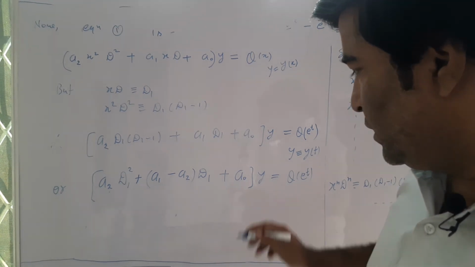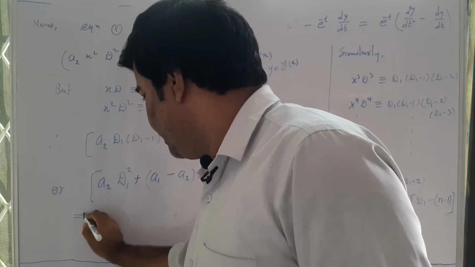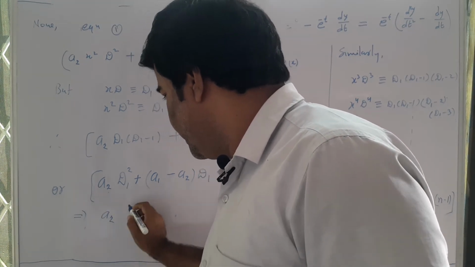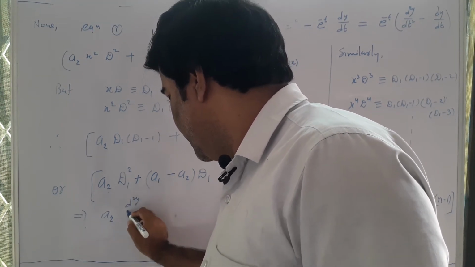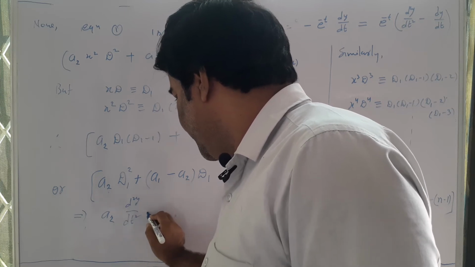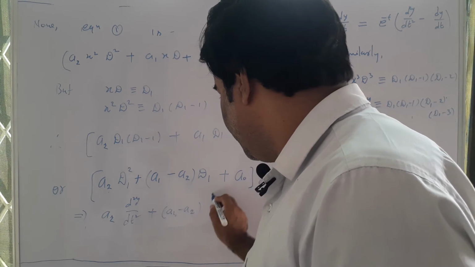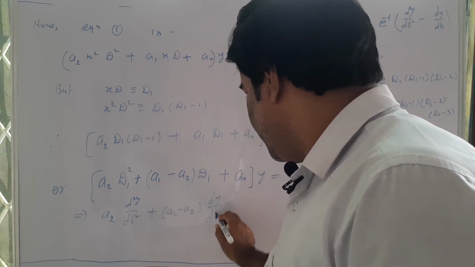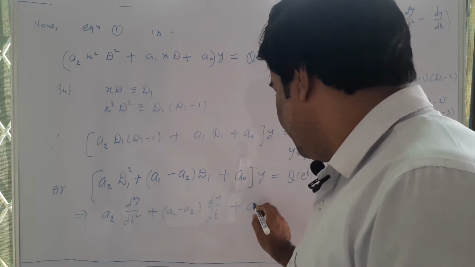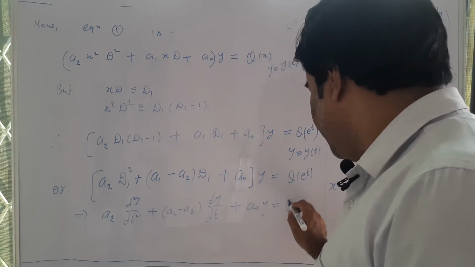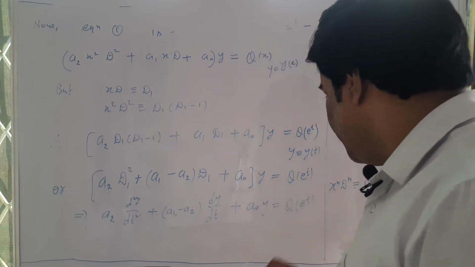Or we can say that a2 d square y over dt square plus a1 minus a2 dy over dt plus a naught y is equal to Q e to the power t.